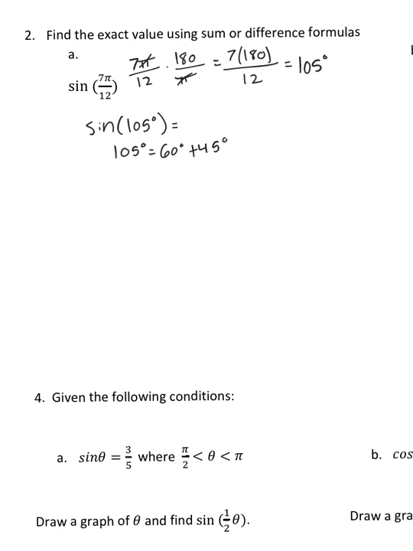So since the trig function that you are using is sine, and you are adding the angles together, you're going to look for the formula that says sine of x plus y.